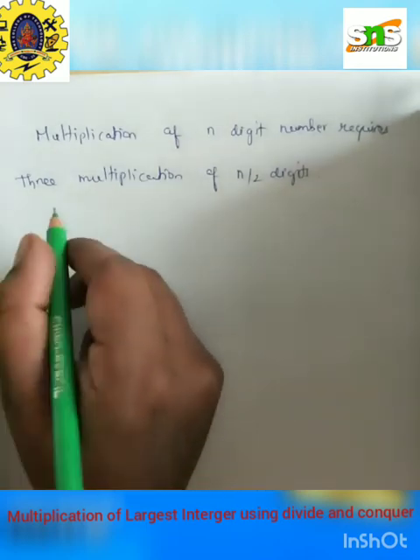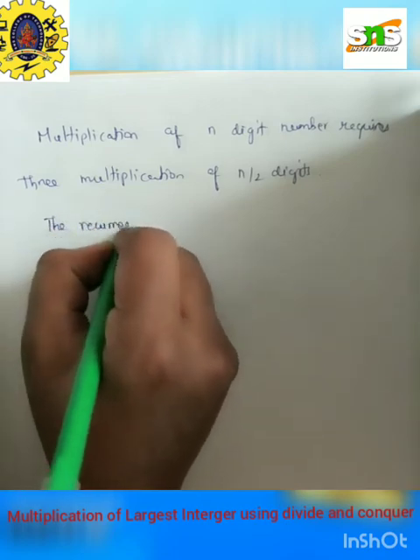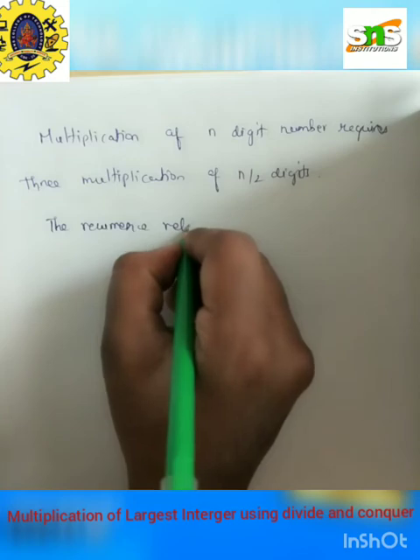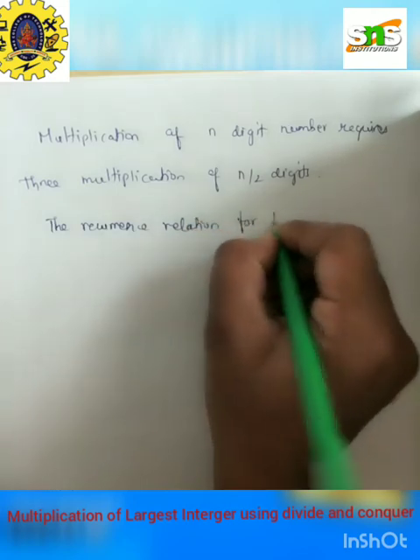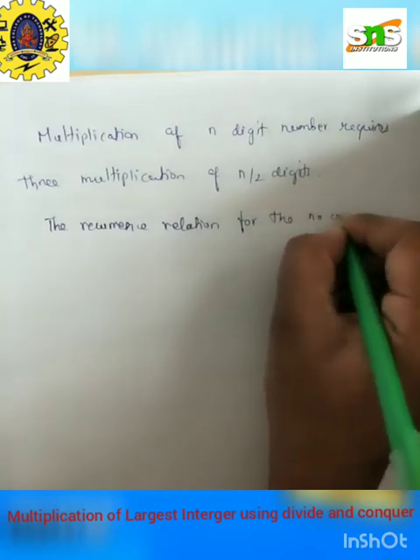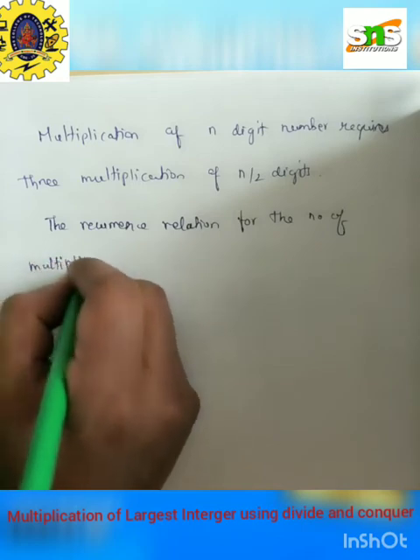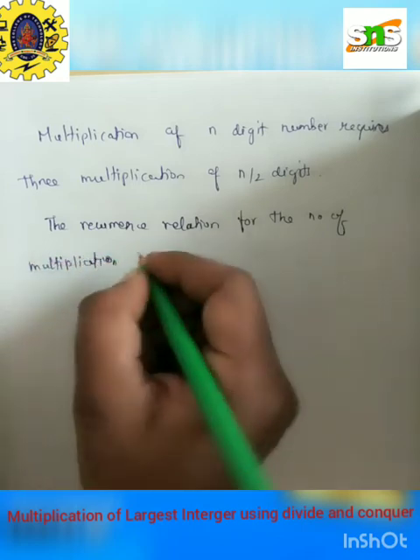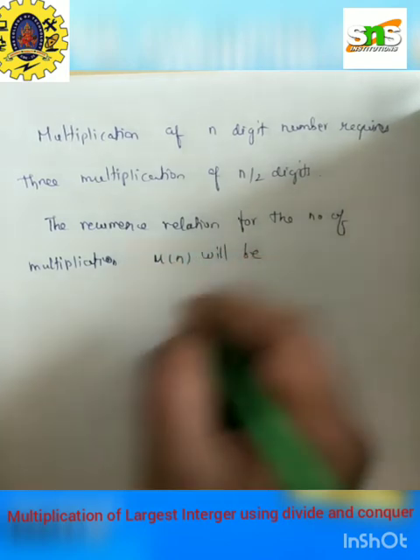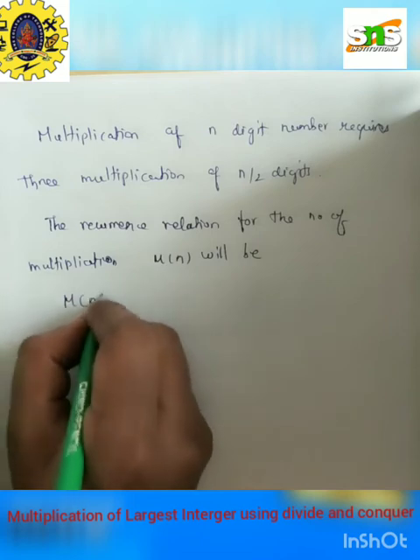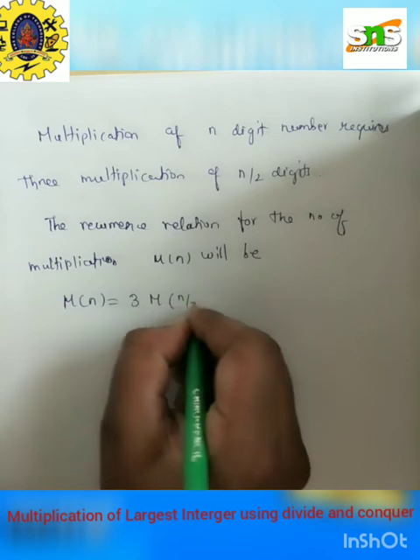So the recurrence relation for the number of multiplications, m of n, will be written as m of n equal to 3 into m of n by 2.